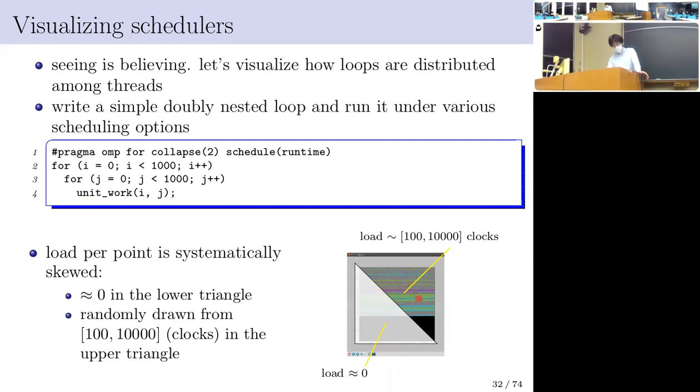So just remember that the actual work is done only in this upper triangular region, and how scheduling affects how the work is divided and therefore performance. You can actually do it by yourself in the notebook, but just for the sake of explanation, I will do that in front of you here.